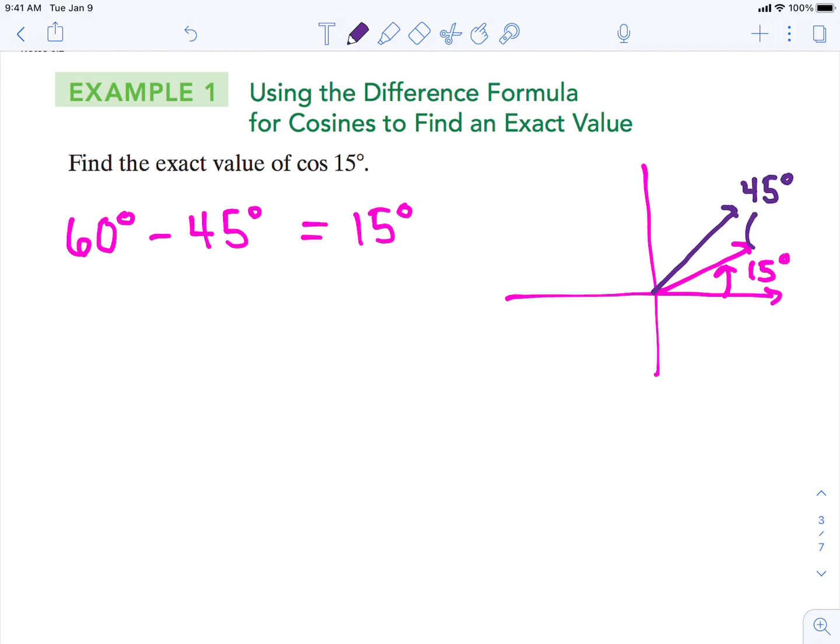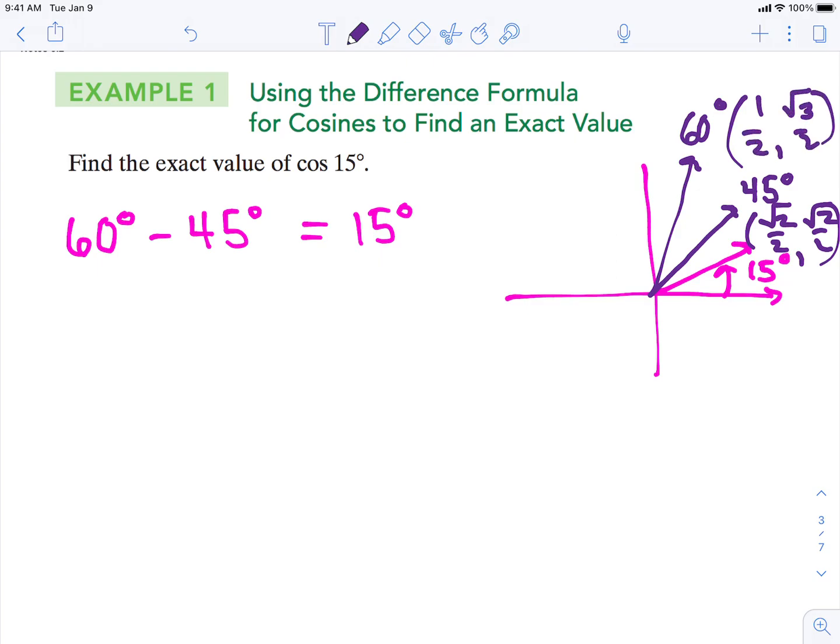It has the ordered pair square root of 2 over 2, square root of 2 over 2. 60 degrees on the unit circle has the ordered pair 1/2, comma, square root of 3 over 2. And if you remember from the point on the unit circle, your x and y, the x is your cosine value and then your sine is your y value.